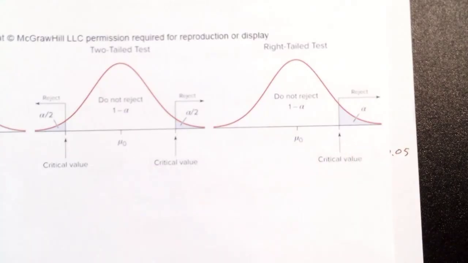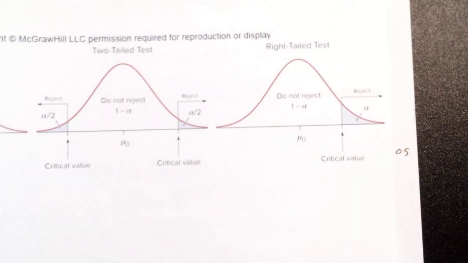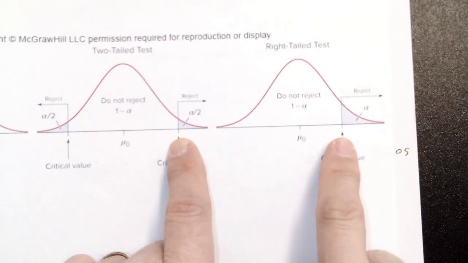Here's our two-tail test. But that means that the Z threshold gets higher. So you are less likely to reject the null hypothesis in a two-tail test than you are in a one-tail test. Because this number will be higher up than this number.